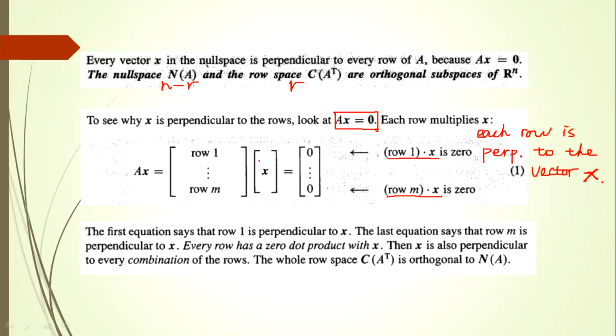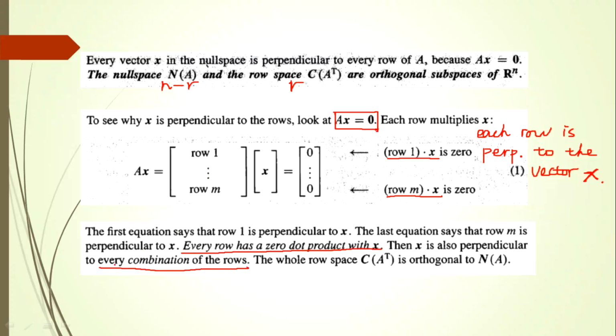So any vector in the row space, when dotted with x, will give 0. The first equation says that row 1 is perpendicular to x. The last equation gives row m is perpendicular to x, which means every row has a 0 dot product with x. Then x is also perpendicular to every combination of the rows.